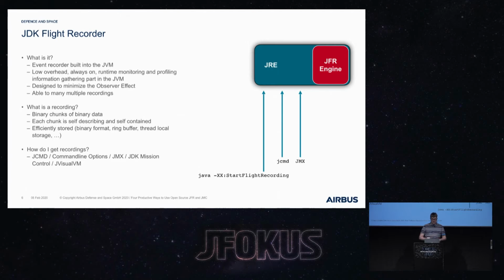The efficient storing during runtime, as I said already, is in a binary format, stored in a ring buffer. So after a certain limit is reached, the oldest chunk is removed, a new one is added. Kind of like that.